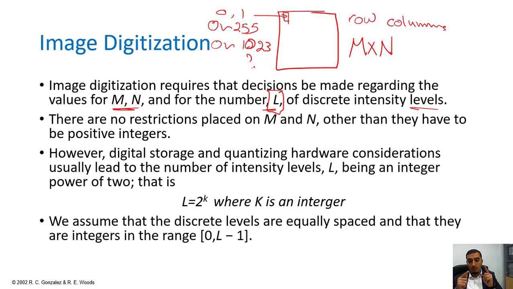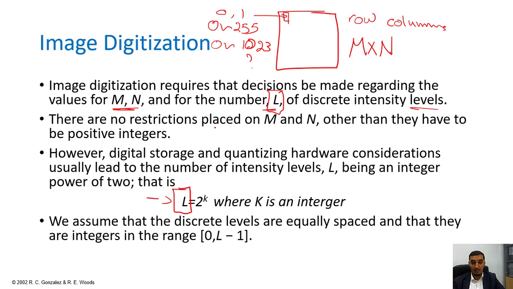So we have three values. M and N will tell us how many pixels within our image. L will tell us how many levels of colors or intensities that we have. So we are going to talk about this in this section over here. If we say L is equal to 3, then we have 8 levels.